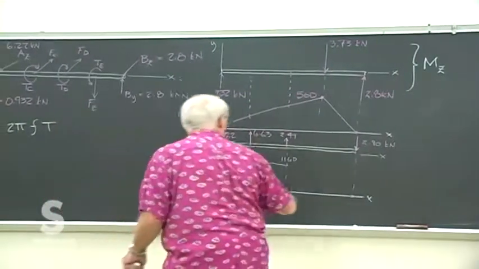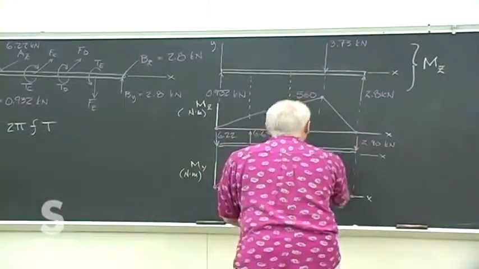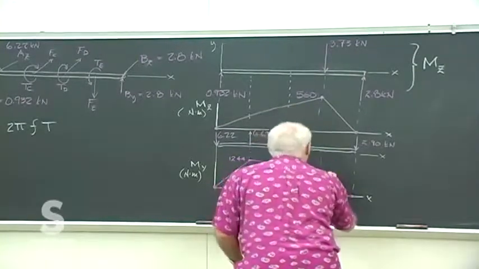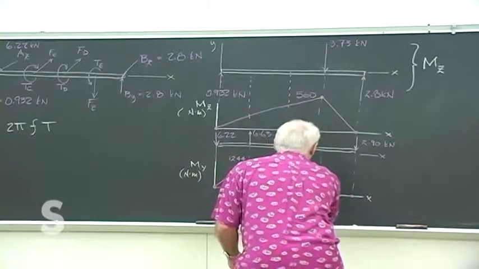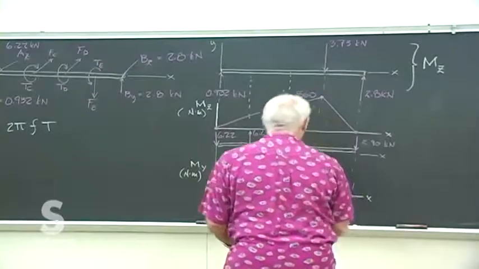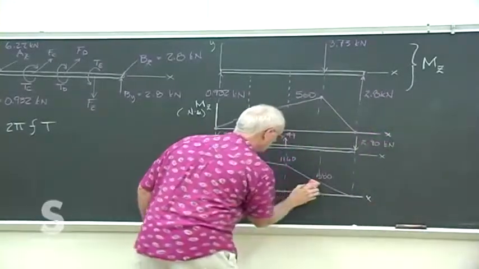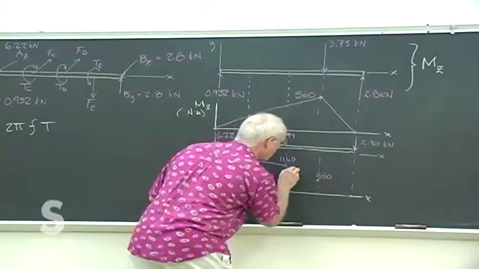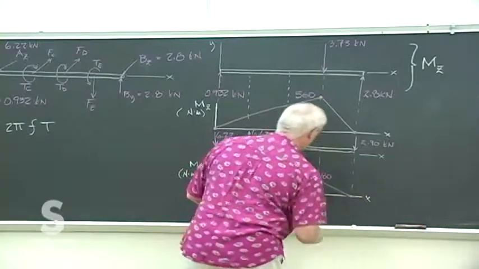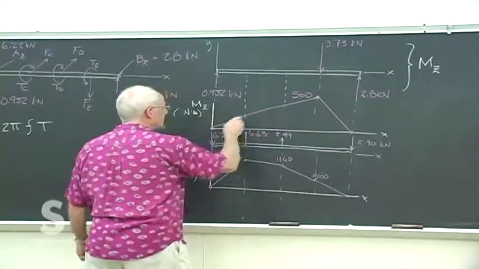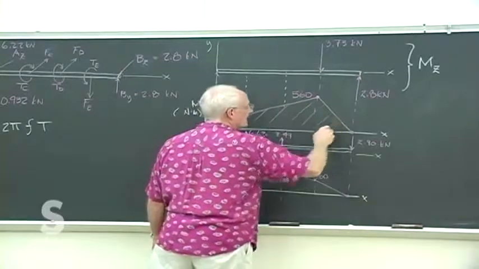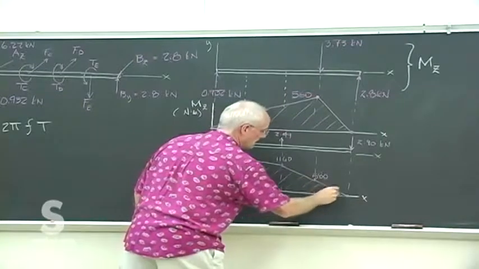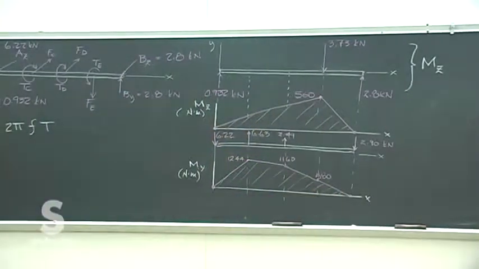And then it goes down to actually at gear E, it's about 580. And a linear decrease in between. Let me change the slope a little bit just so it's a little more accurate. I don't know how much difference that makes. So there's our two moment diagrams in perpendicular directions to each other.